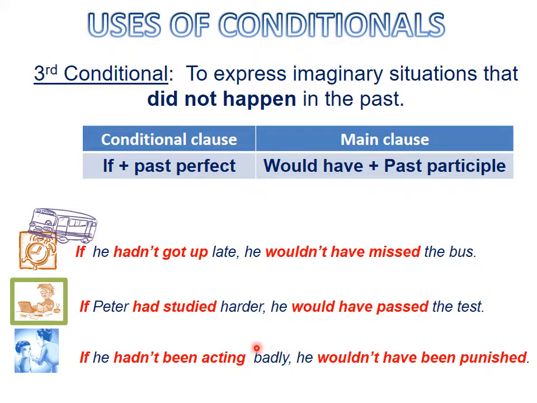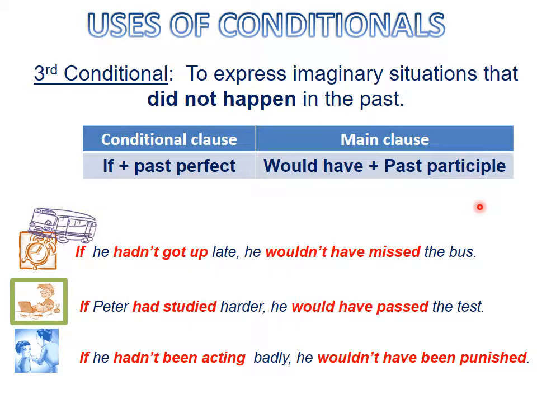So, to recap, we use if plus past perfect in the first part, the conditional clause, and would have and past participle in the result or main clause. It's not that difficult, is it?